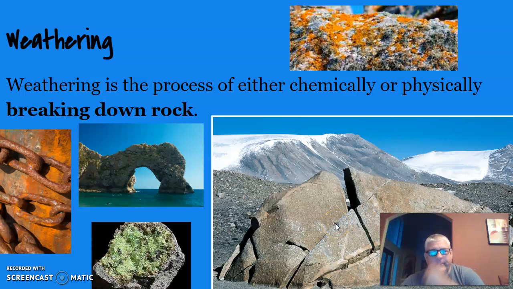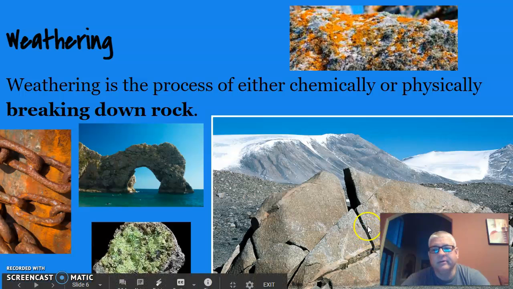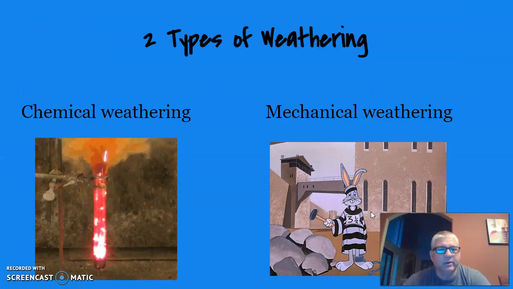This is an example. This could be just pressure being released and this rock cracks apart, or it could be because it's cold. The cracks get water in them and then it breaks apart because the water expands when it freezes, and that would be another type of physical weathering.